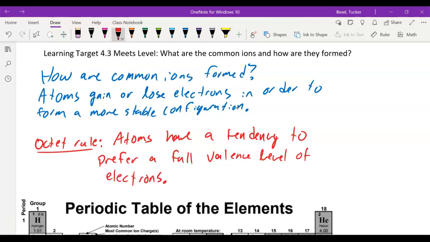As you're going to see in these upcoming examples, you're either going to gain electrons or lose electrons depending upon what is, quote, easier.